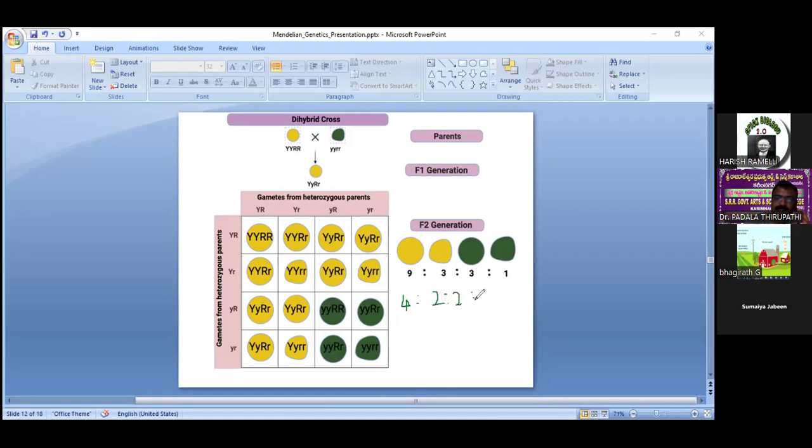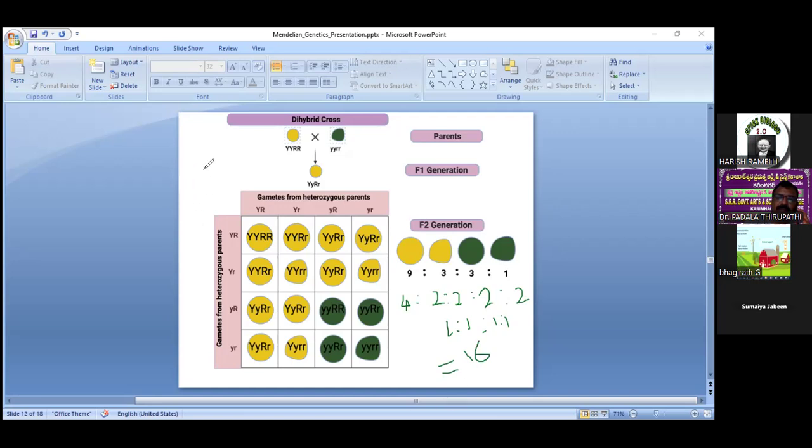The total progeny is 16, which is 4 2s and 4 1s.